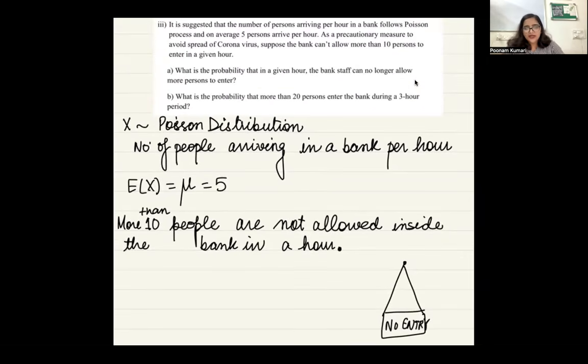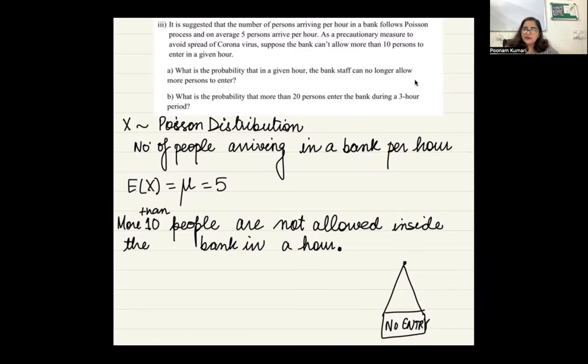What is the probability that in any given hour the bank staff can no longer allow more people to enter? So when will the bank not allow more people to enter, and how many people must have entered? 10. So if 10 people enter, will they allow more people or not? No, ma'am. If 11, that cannot happen, right?